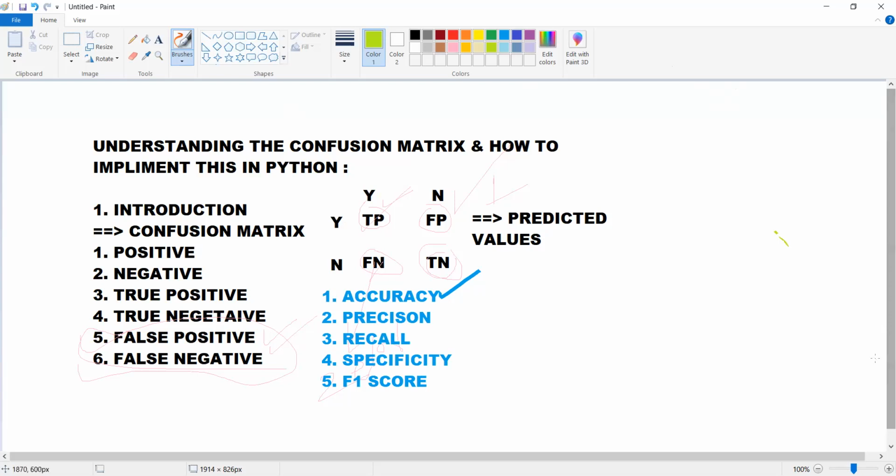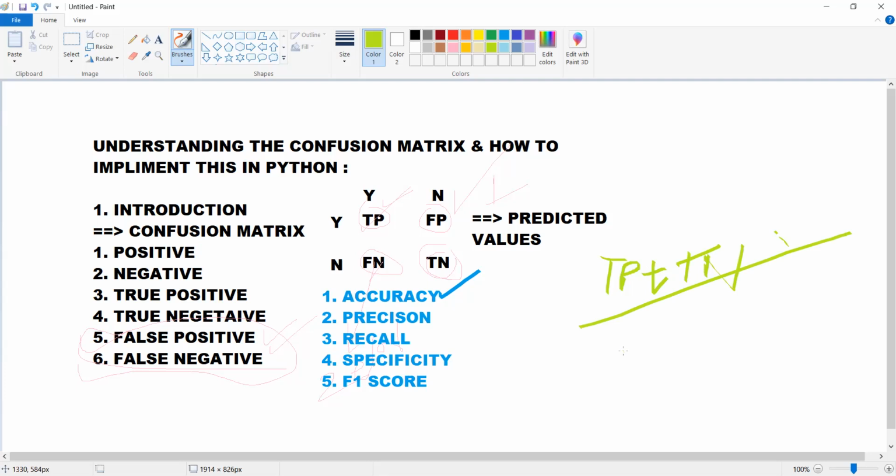Accuracy is TP plus TN, divided by TP plus TN plus FP plus FN. So this is called the accuracy.